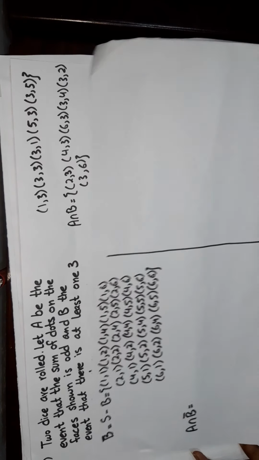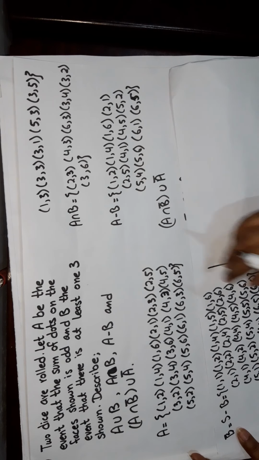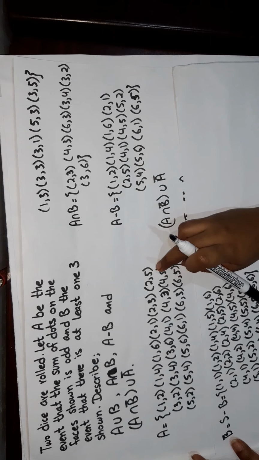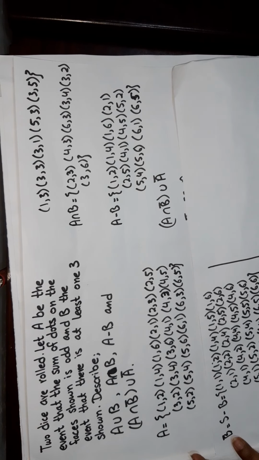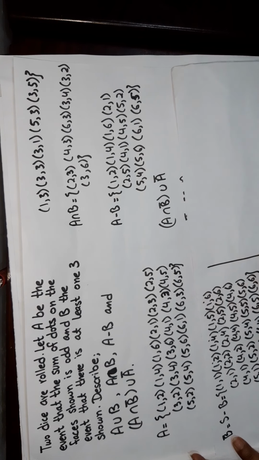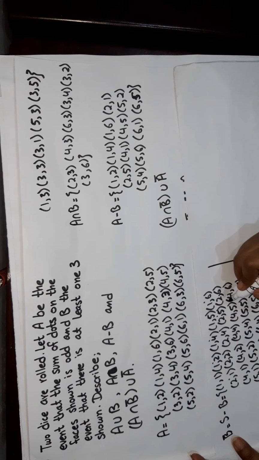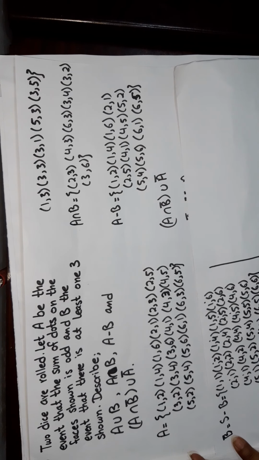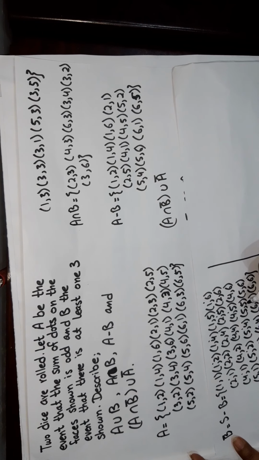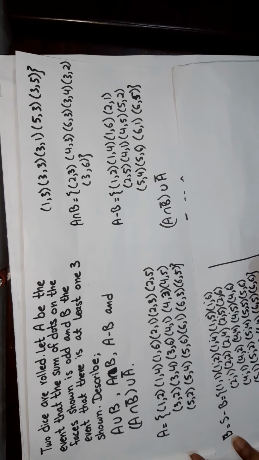This is set B complement and this is set A. So we will find the common points in set A, which are 1 2, 1 4, 1 6, then 2 5, 2 1, then 4 1, 4 5, then 5 2, 5 4, 6 1 and 6 5.